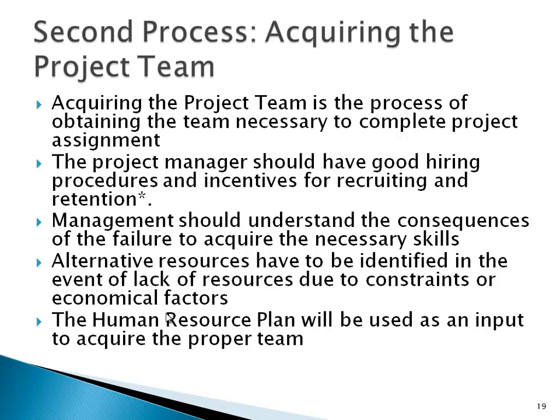For the project manager to press hard on the need for these skills or those people, he should explain to the management the consequences of a failure to acquire those skills. Also, the project manager should have alternative resources identified in the event of lack of resources due to constraints or economic factors. The human resource plan will be used as an input to acquire the proper team.